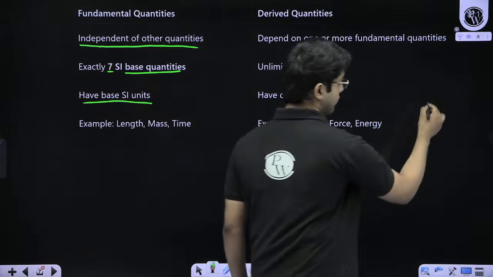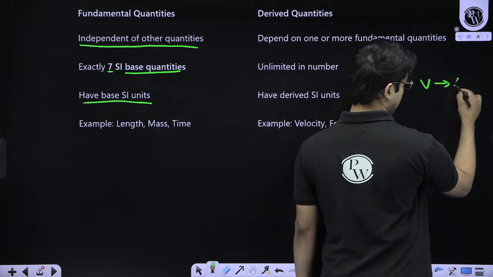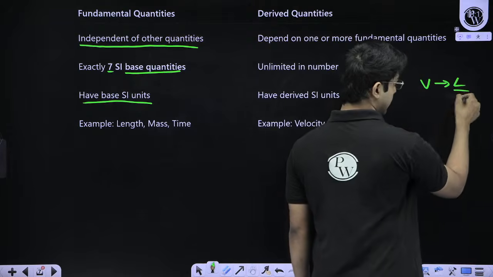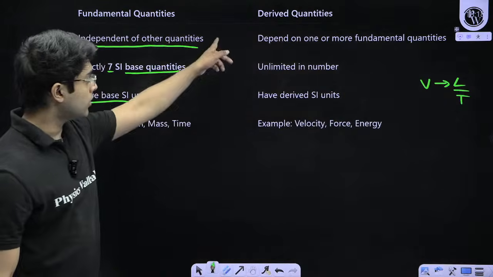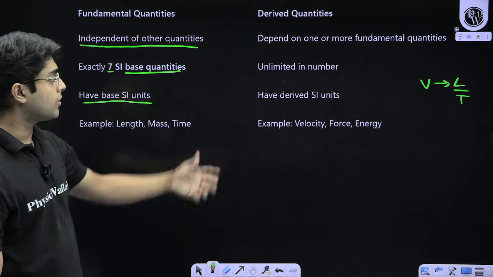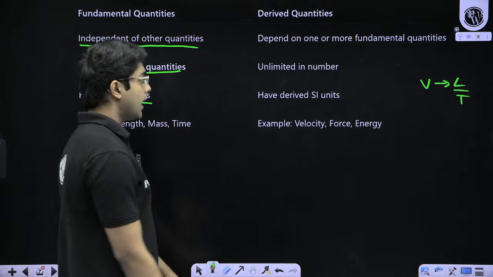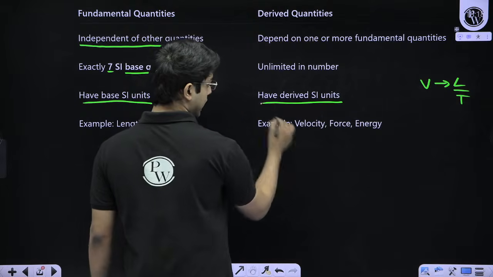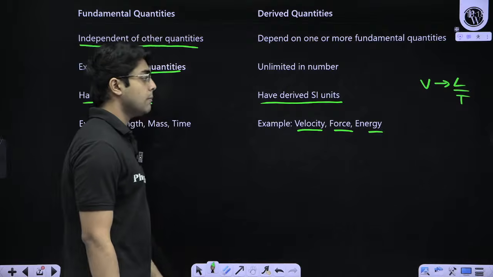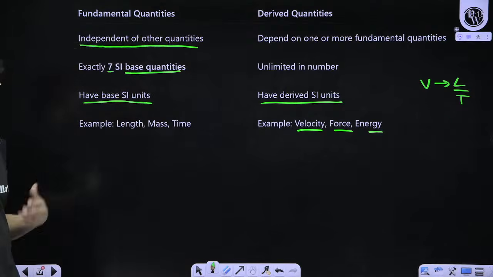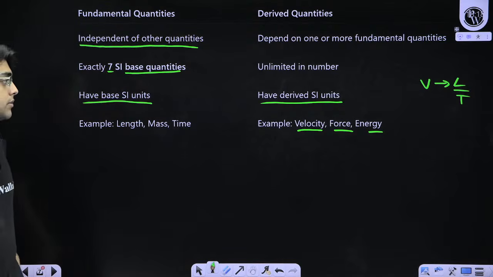Like for example, velocity, it was dependent on length and time, right? Which are two fundamental quantities. So the derived quantities, they will depend on some fundamental quantities, okay? And their units are derived and the examples are velocity, force, energy, basically anything that is not in that 7 quantity list, okay?